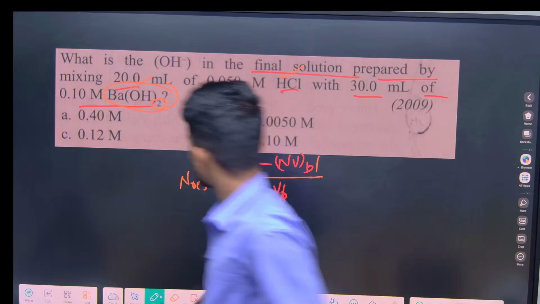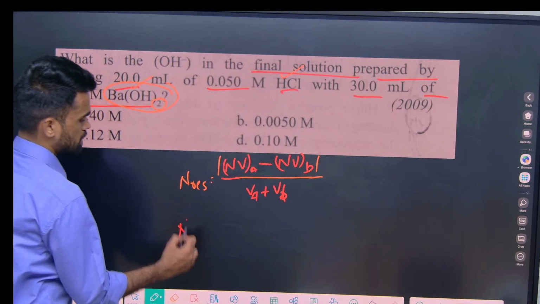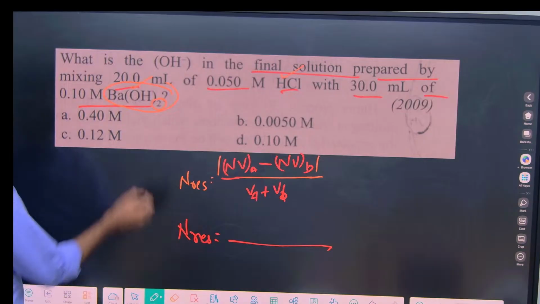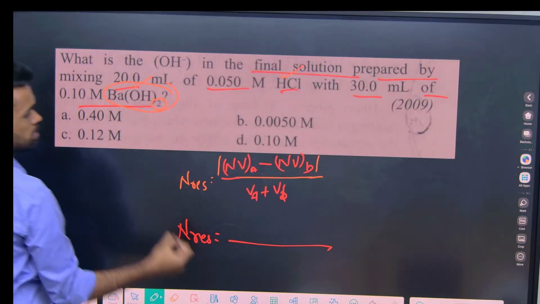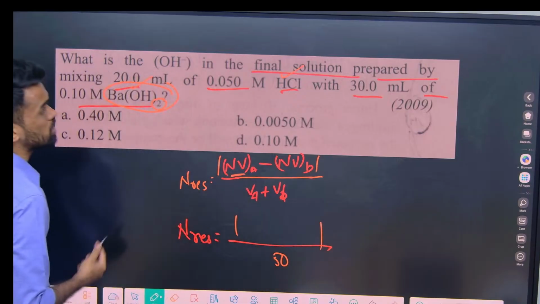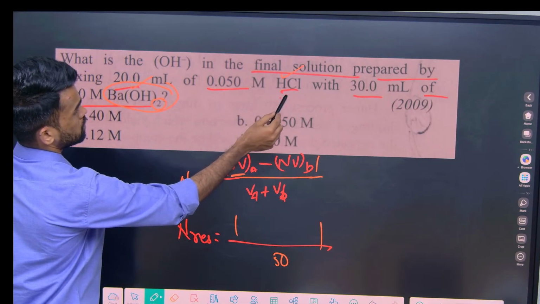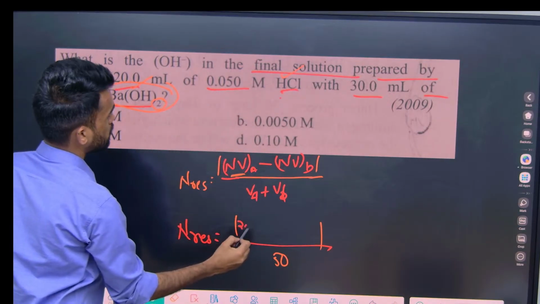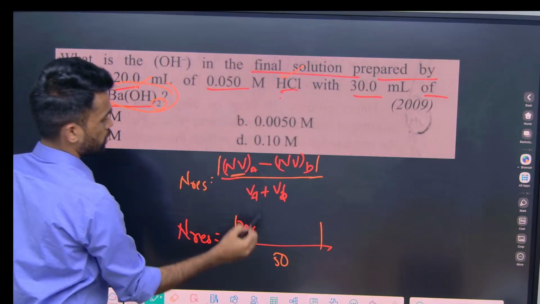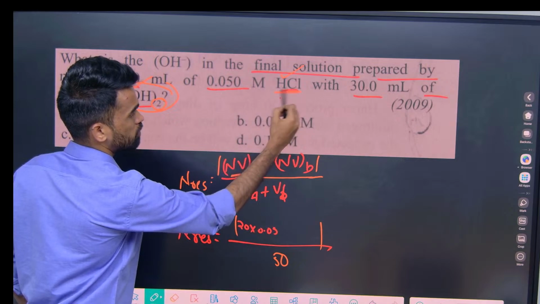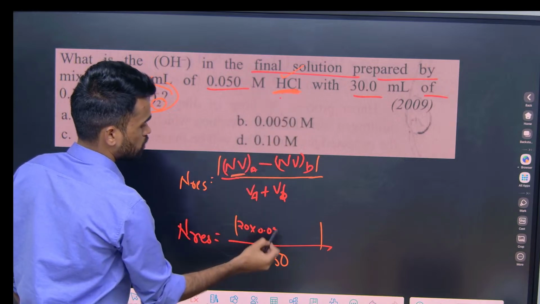What is the answer? Tell me, what will you do for the end resultant? What is the final volume we got? 50, 30 plus 20 is 50 here. And what about this thing? For acid, what is the quantity mentioned? HCl solution prepared: 20 into 0.05. For a monobasic acid, molarity and normality are the same, since the n factor is 1.